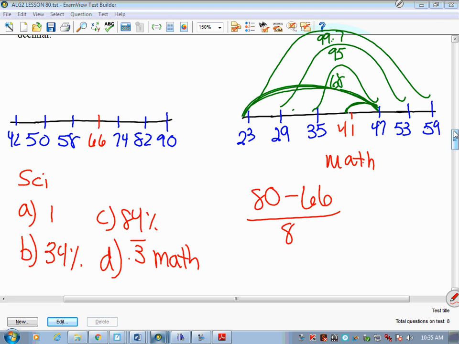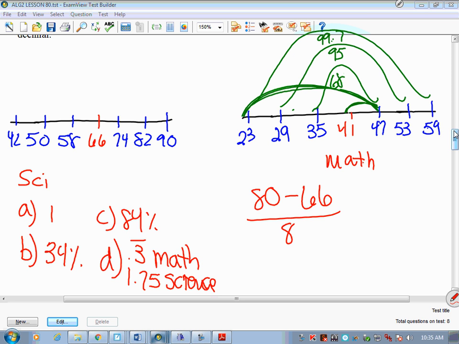Well, what is that going to be? Probably what? 14 divided by 8. You get 1.75. I got 1.75, but maybe I'm wrong. Does it round up? No? It's just 1.74? Okay, 1.75 for science.